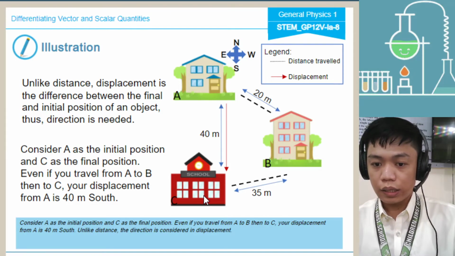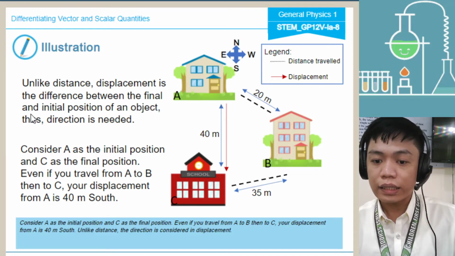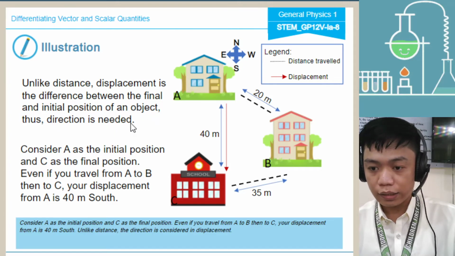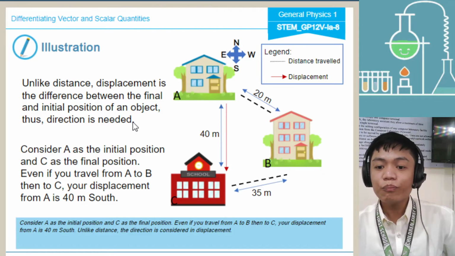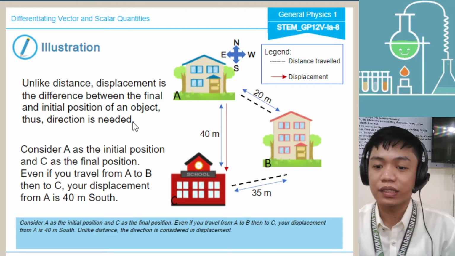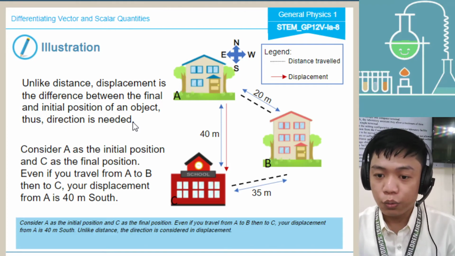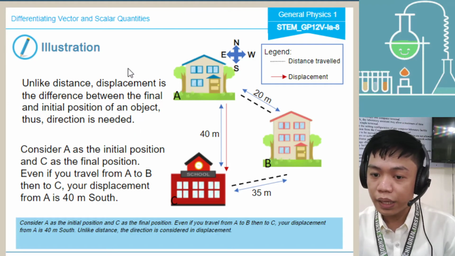Displacement is the difference between the final and initial position of the object, thus direction is needed. That is the importance of having the direction. It would really present the displacement.